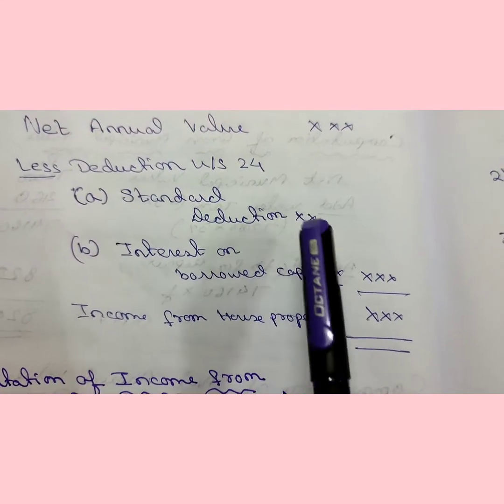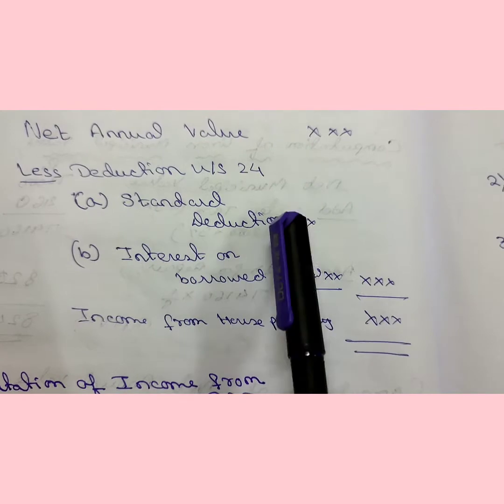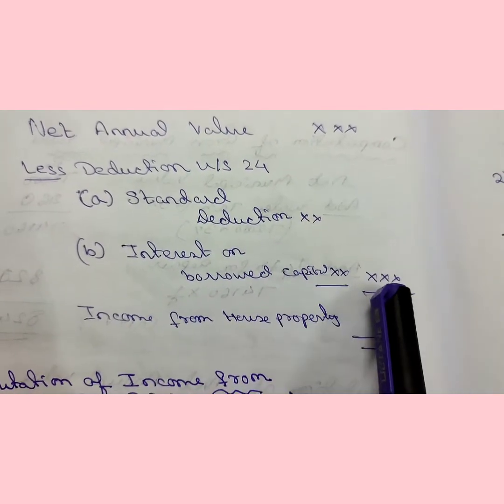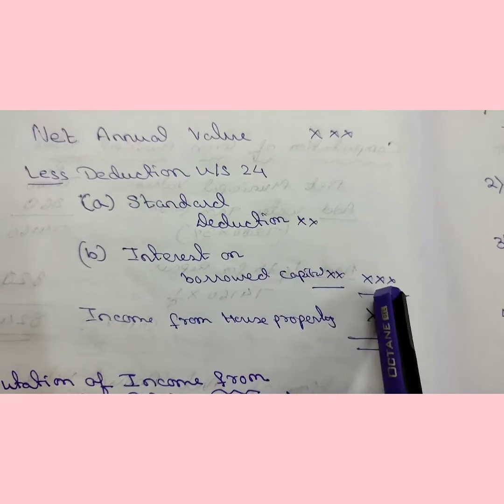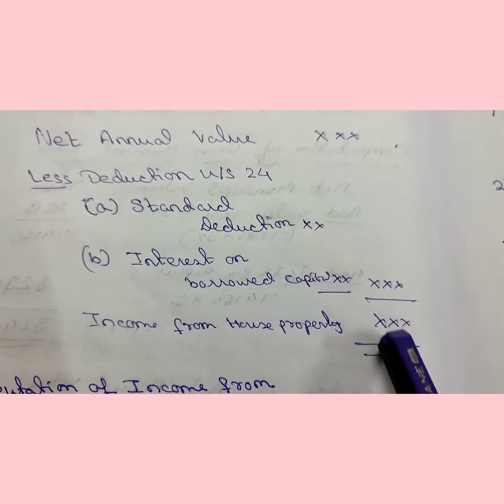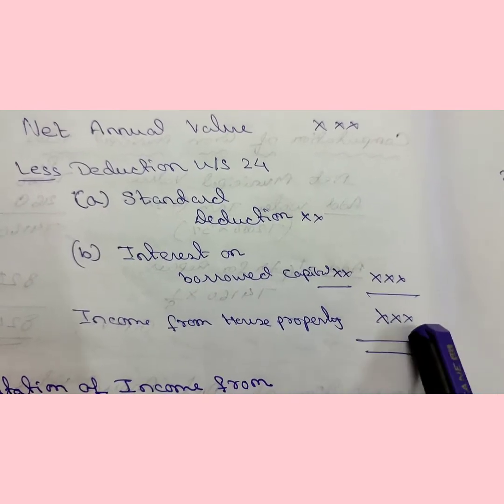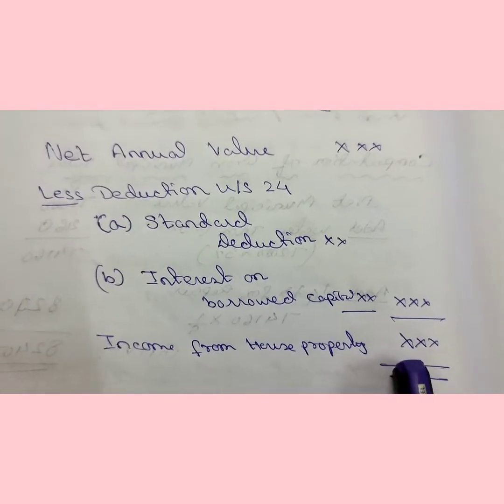These 2 deductions are available from net annual value. After getting these deductions, the residual figure, যে বেঁচে থাকা অংশটা, is called income from house property.